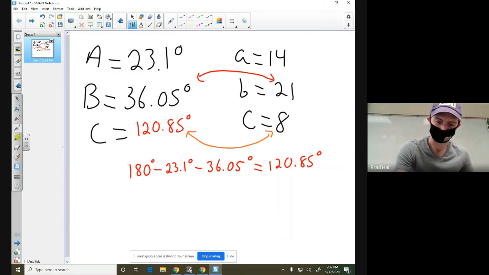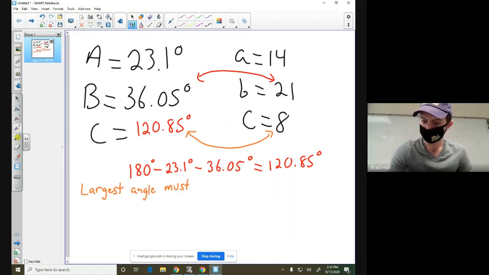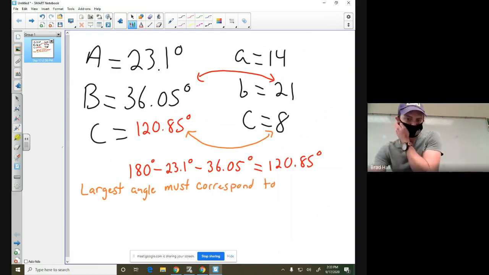So, in other words, largest angle must correspond, exactly, it must correspond to largest segment.